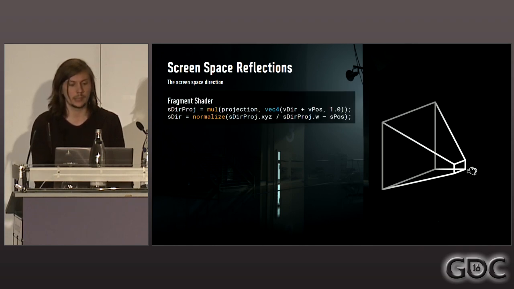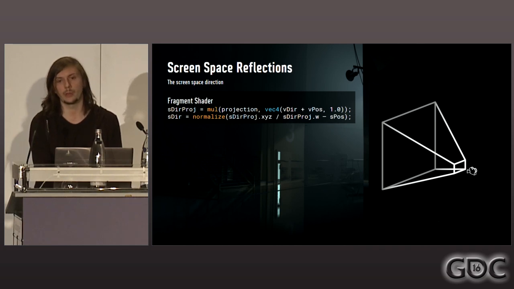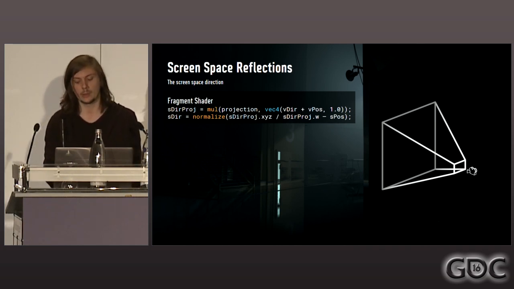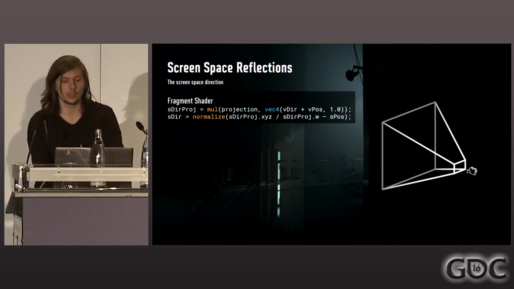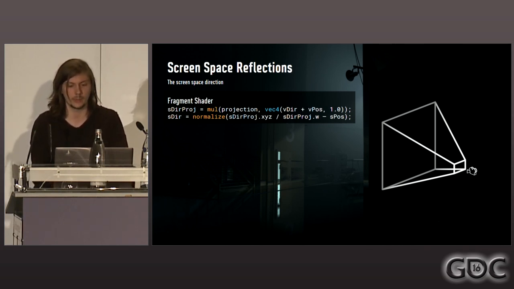The naive way to do that would be to take your reflected position, put it through a full matrix, and then subtract your screen space position. But I don't like that so much. Also, it doesn't handle the near clip plane. If anything goes behind that, you just start going back into infinite negativity.